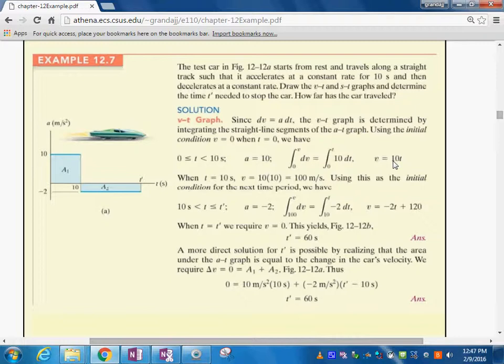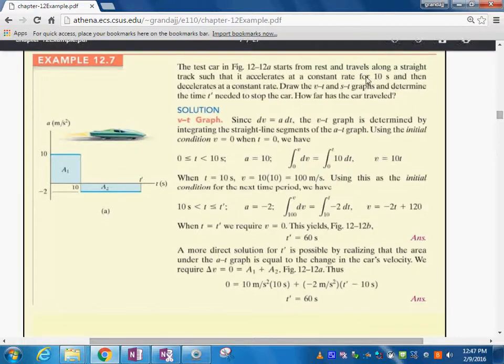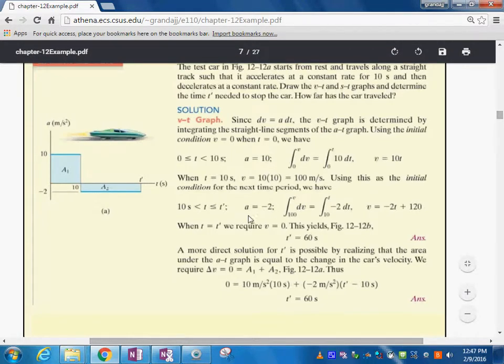Okay, so this is just considering experimentally what has gone on with the motion of a vehicle as opposed to just strictly applying those equations.